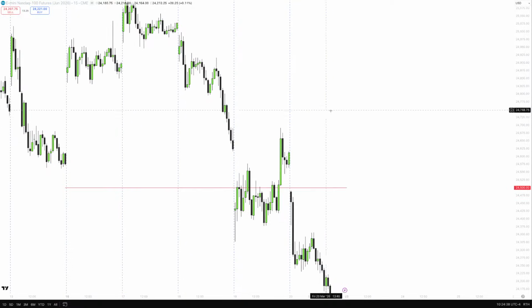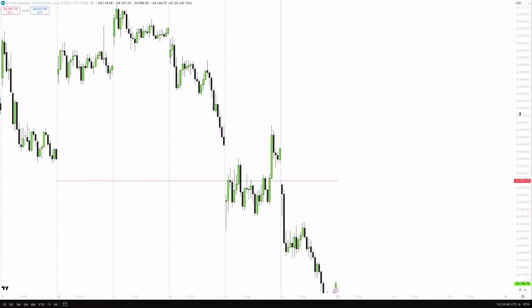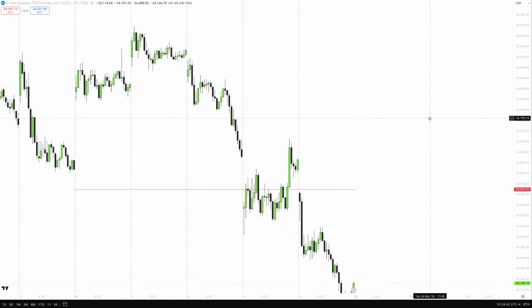So whenever I see a gap lower, I need to consider us to go higher to at least the low of the opening range gap or even the midpoint of the opening range gap.